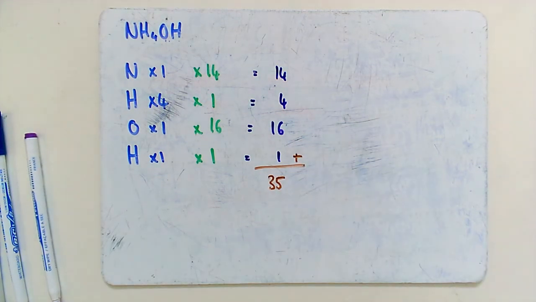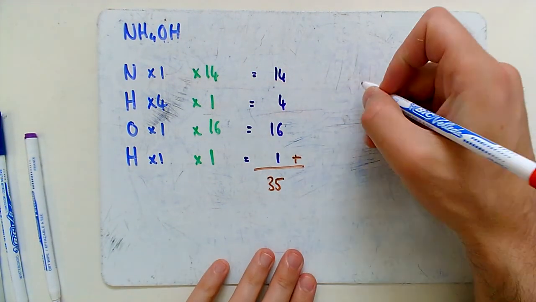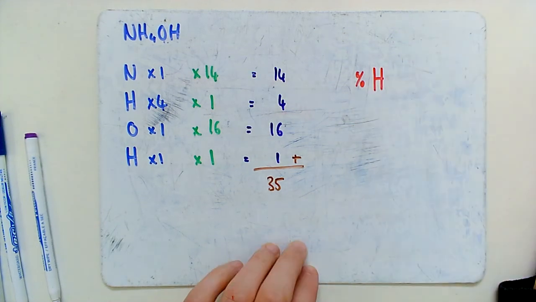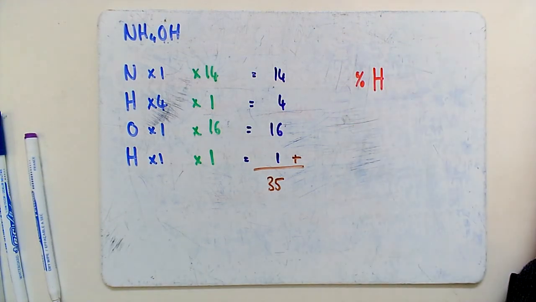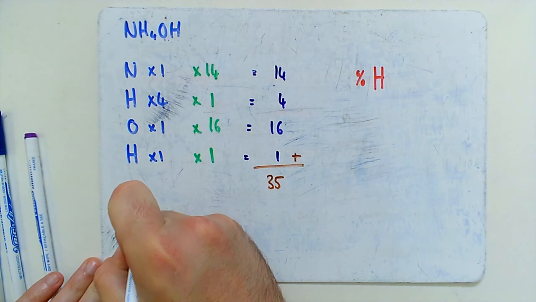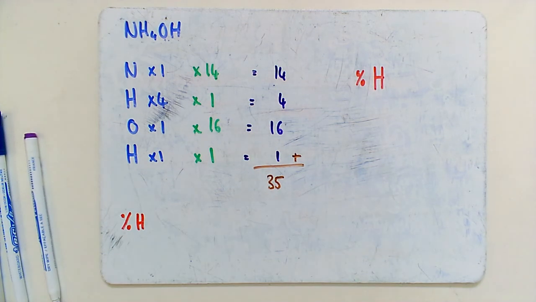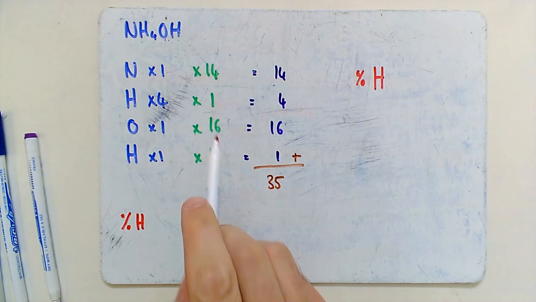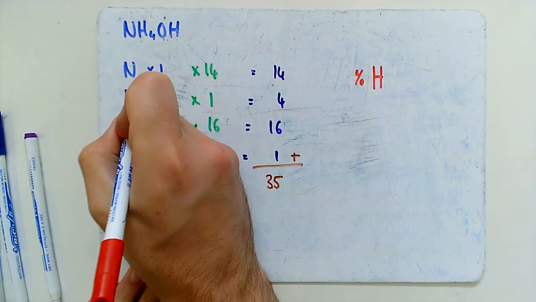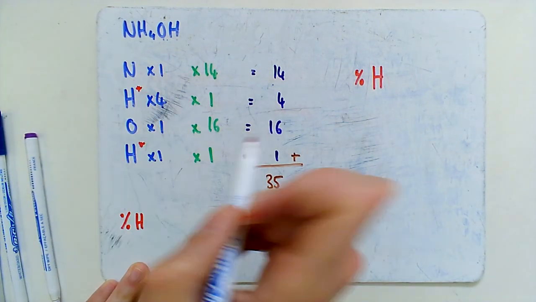Now this time, I'm going to be asked for the percentage hydrogen. Now to do the percentage hydrogen, I need to work out what my hydrogen is, what's going to go on the top line. Normally I just look across one line, but we've got a hydrogen here and a hydrogen here.